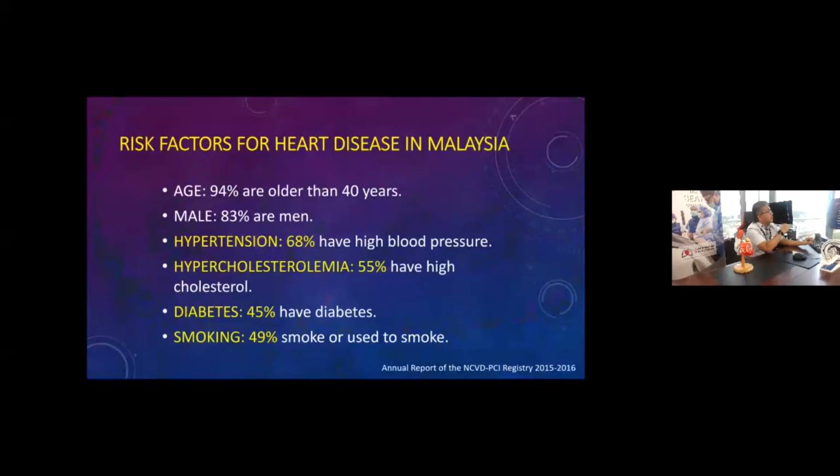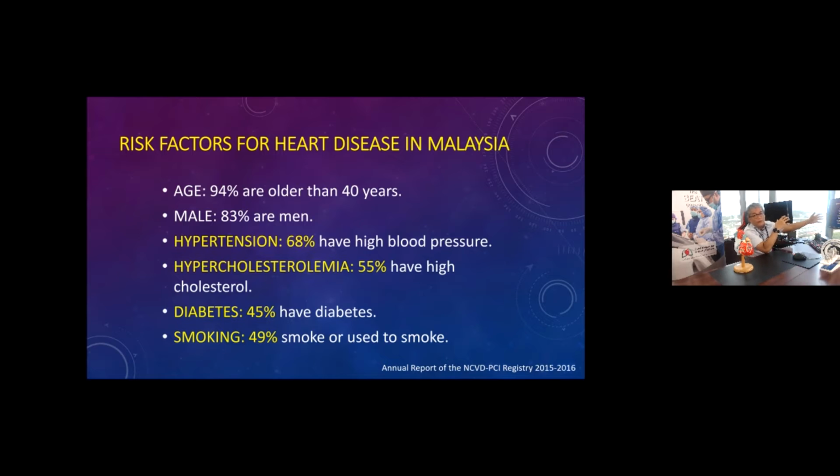If you look at the people who suffered heart attacks in Malaysia, 94% are older than 40, so age is a risk factor. 83% are men, so being a man is a risk factor. But these are what we call unmodifiable. You cannot get younger, and you cannot change your gender. I mean, technically you could, but you can't really.